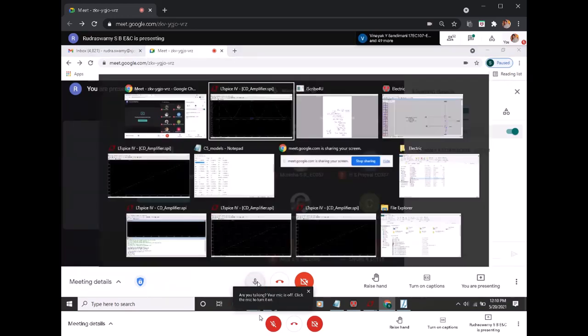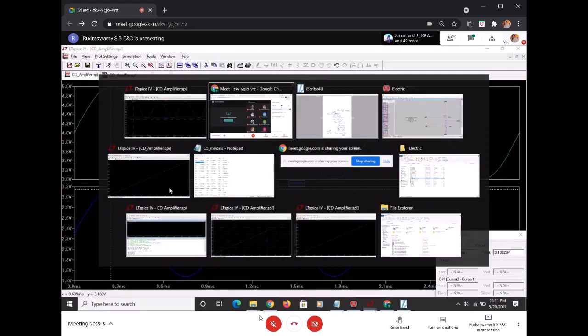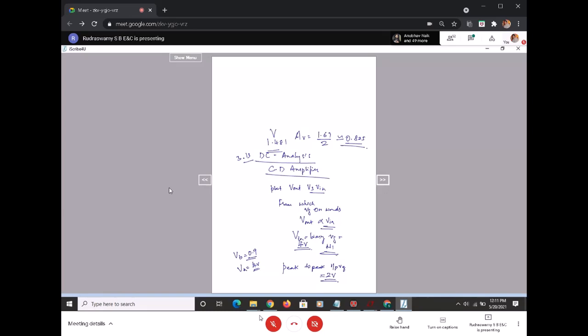Input is 2 volts peak to peak, but the output I am getting is somewhere around 1.67. So approximately it is 0.85 times, so V out is approximately 0.85 times V in.